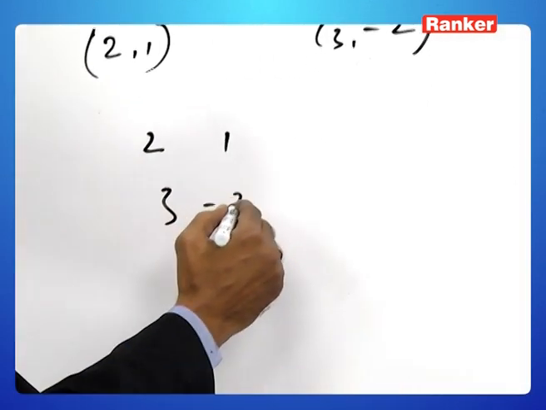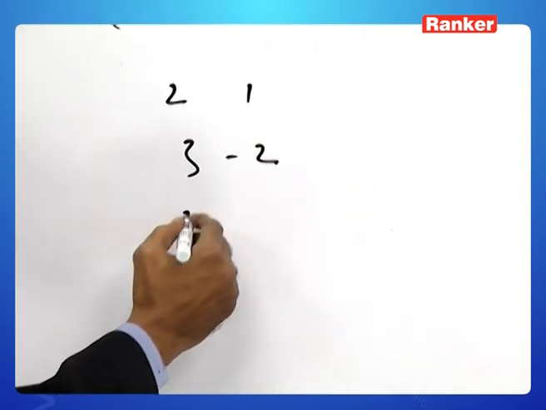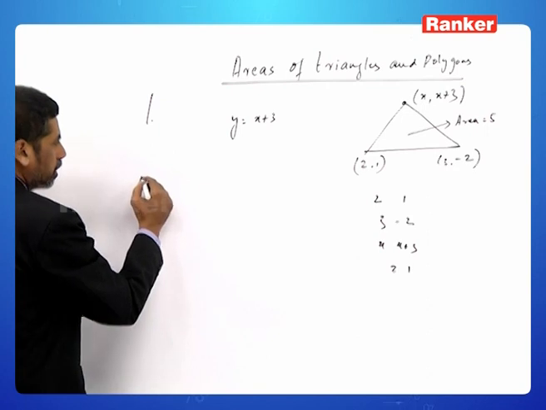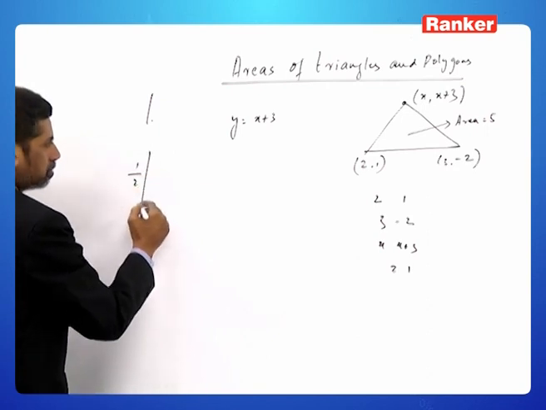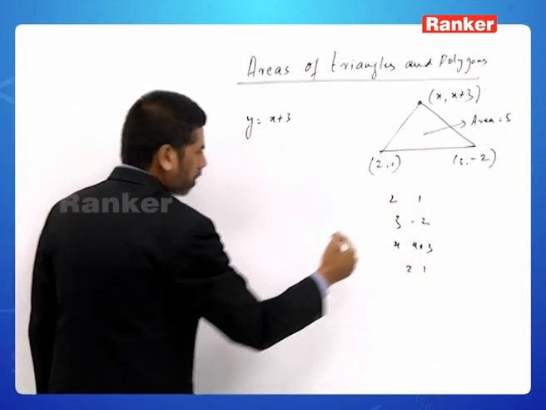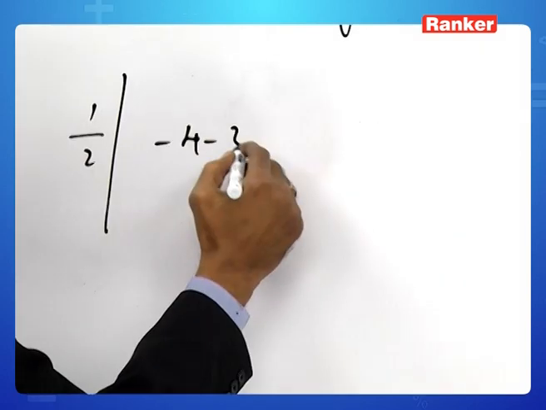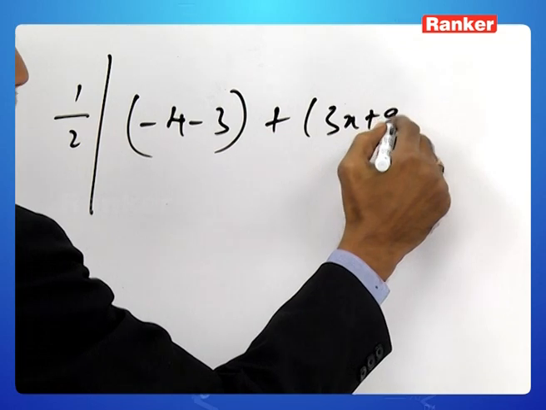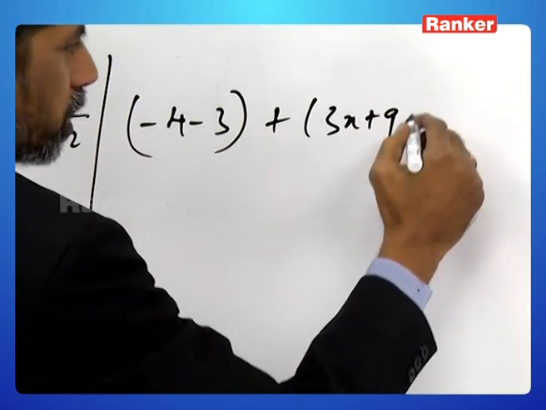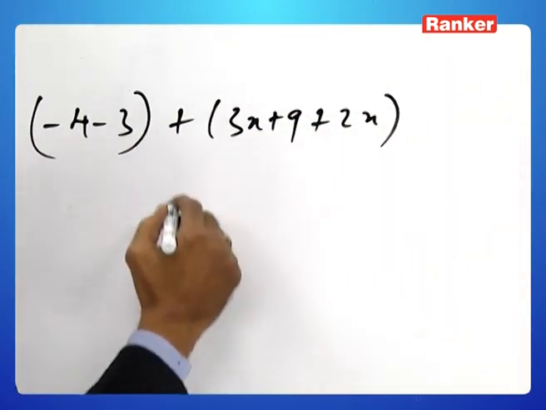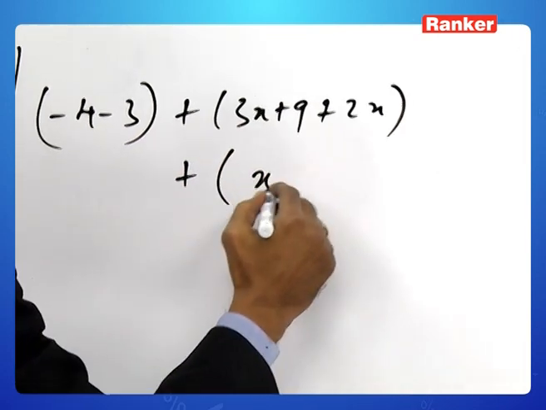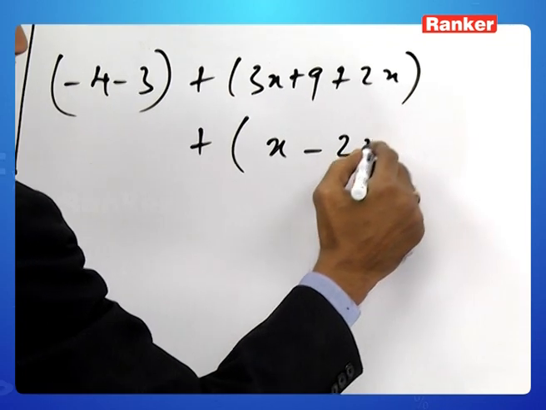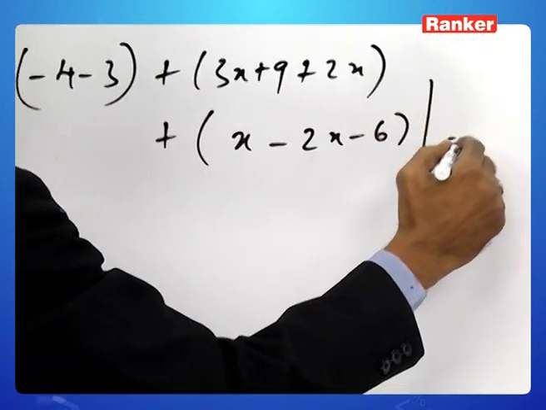Take (2, 1), (3, -2), (x, x + 3) and (2, 1) and compute the area. Area is half mod of minus 4 minus 3 plus 3x plus 9 plus 2x plus x minus 2x minus 6, and this is given to be 5 units.